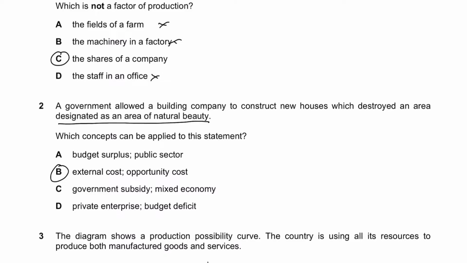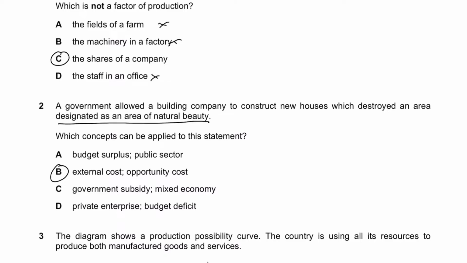A is talking about budget surplus in the public sector. Yes, they're talking about the public sector because it mentions government, but nothing is mentioned about budget surplus, which is the excess of tax revenue over spending. That is what the government spends on the economy. In option 3, nothing is mentioned about subsidies, and nothing is mentioned about the economic system either.